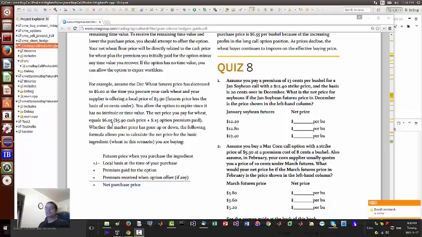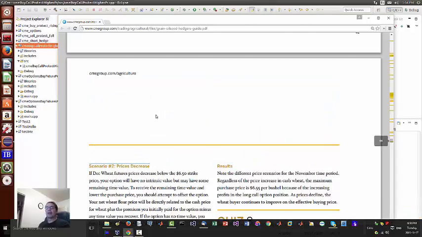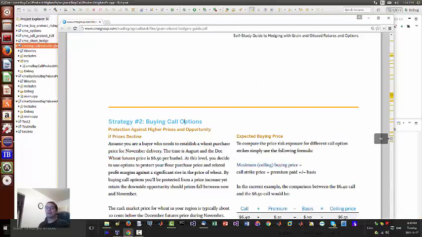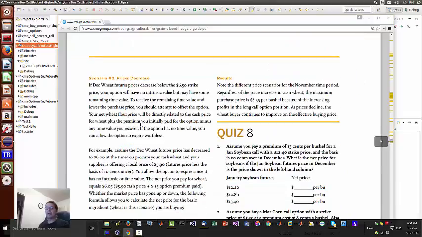Hey everybody, I just want to go over the second scenario in our buying call options against higher prices and opportunity if prices decline. This is an important paragraph I should read. If the futures price decreases below 650 the price, your option will have no intrinsic value, but you may have some remaining time value.